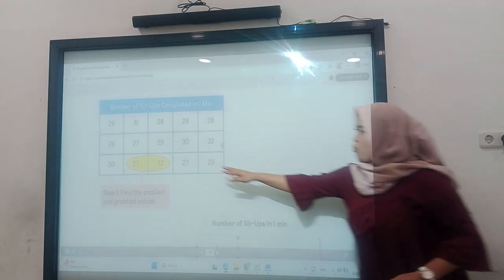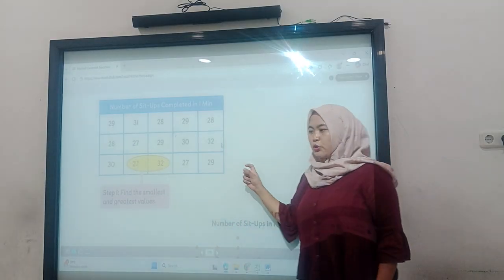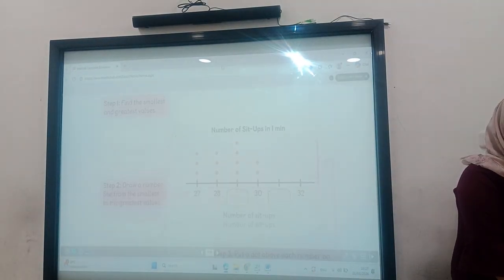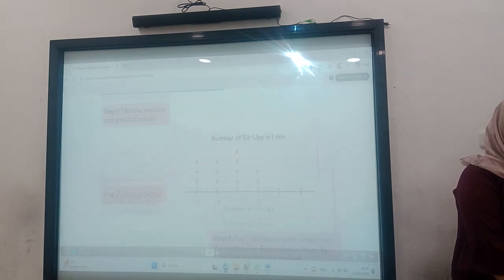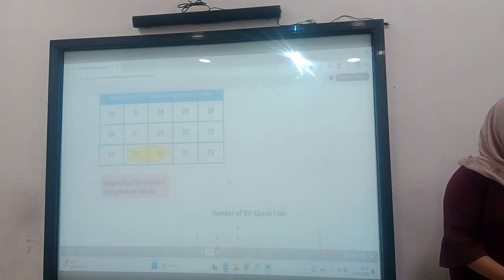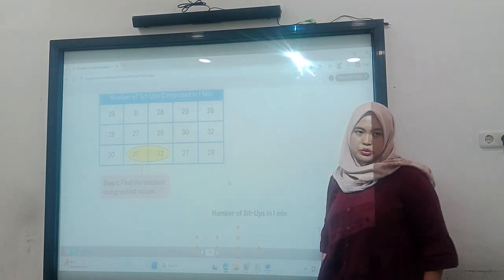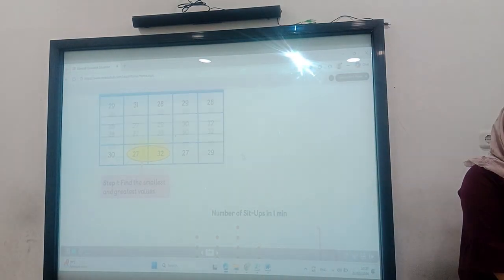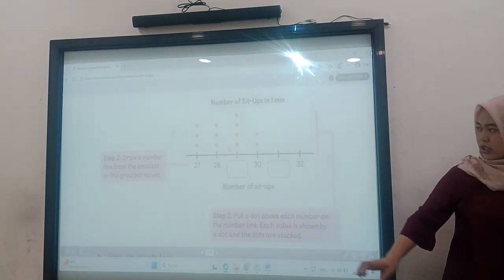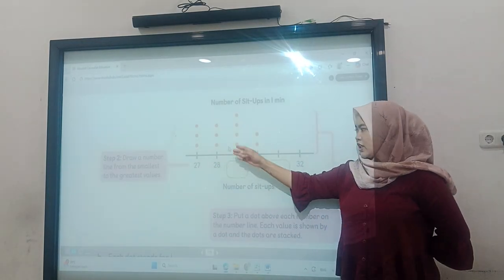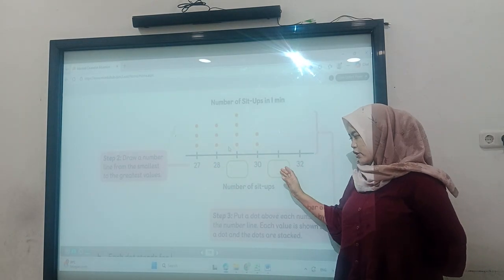We can count 1, 2, 3, so you draw 3 dots on it. Then for 28, you also find how many 28s are in this table: 1, 2, 3 also. So we can fill this with 27, 28, then after 28 is 29, 30, 31.